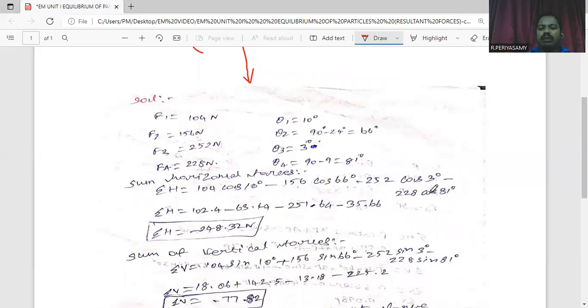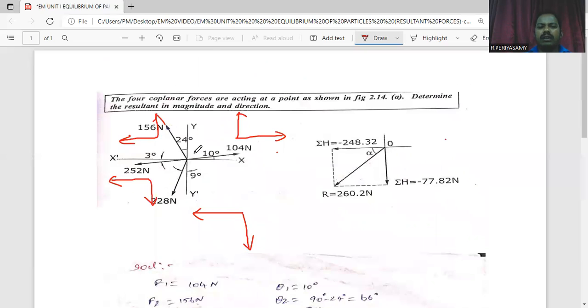Next, cos 81 into 228, its value is 35.66. We follow the sign convention and finally simplify this step. The sum of horizontal components is equal to minus 248.32 Newton. Now we have found the sum of horizontal components of the given four forces.